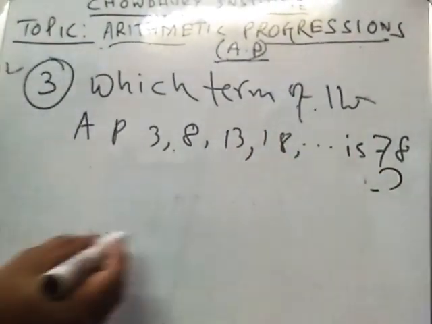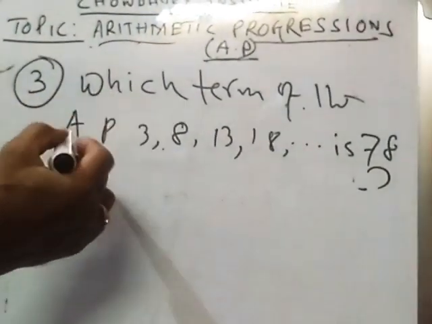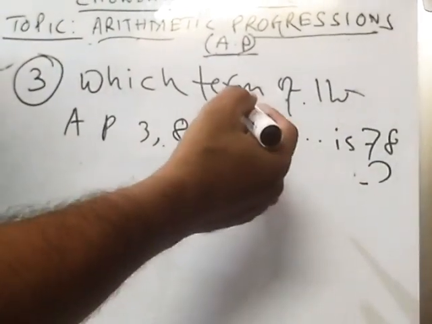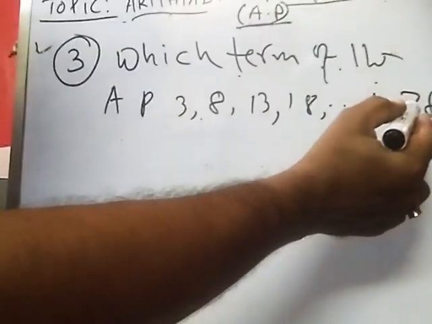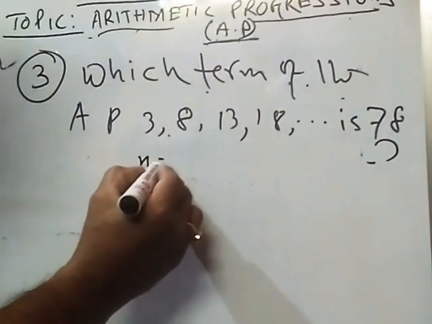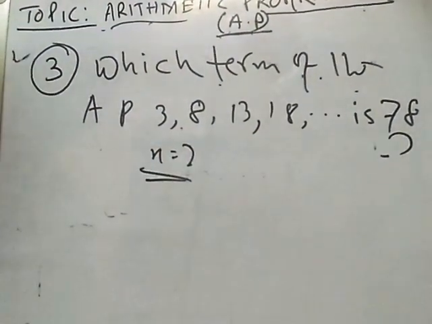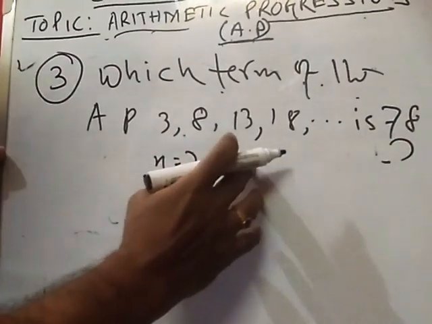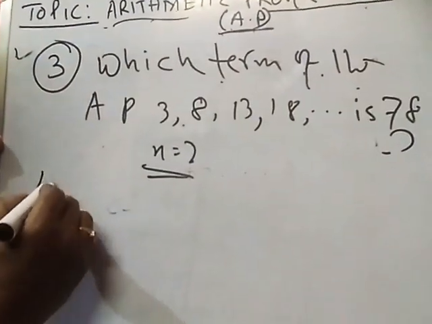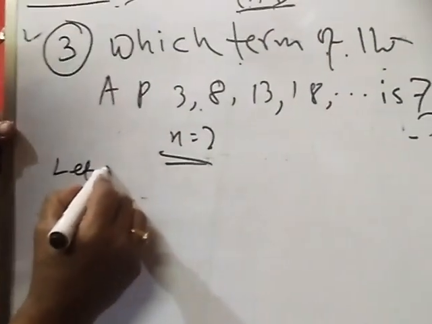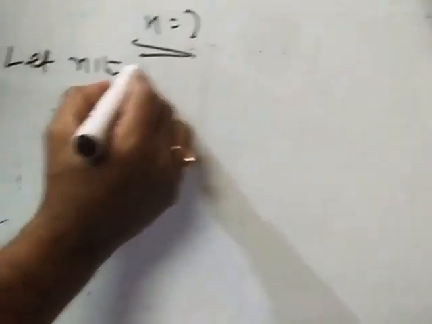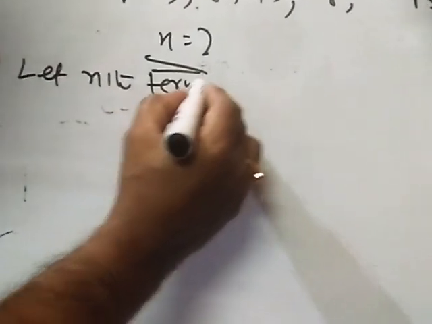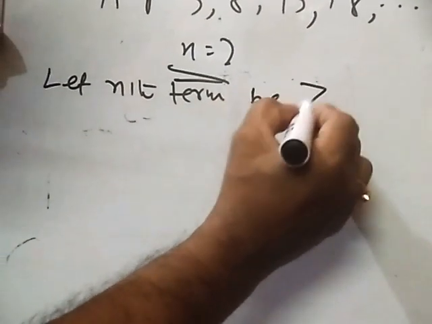You follow the question, everybody. Which term? They are asking, you have to find out the term. Which term of the AP is 78? That means you have to find out the value of n. Okay? So we take, let the nth term be 78.